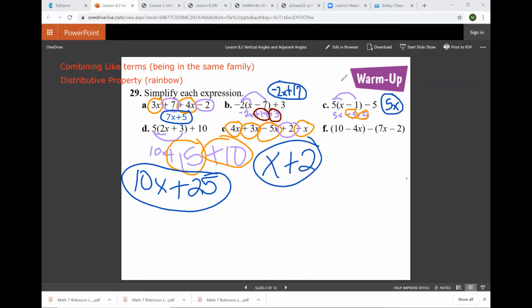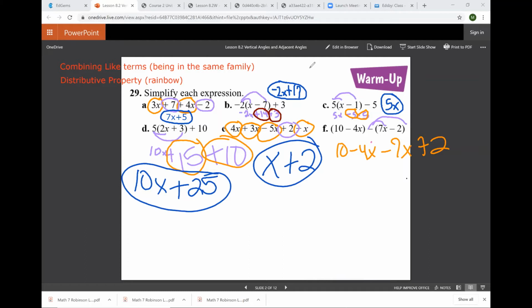And the last one, there's nothing outside this parentheses, there's nothing outside this parentheses, so I can just bring everything down. 10 minus 4x minus 7x plus 2, because I do have to treat that as a negative 1. So negative 1 times a positive 7x makes a negative 7x, and negative 1 times a negative 2 is a positive 2. Okay, that's how I got that.